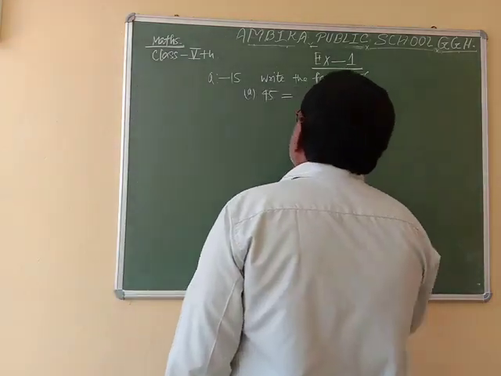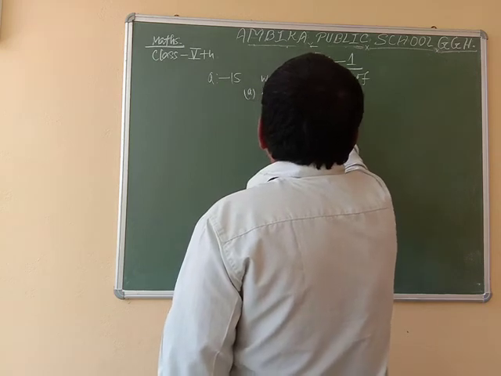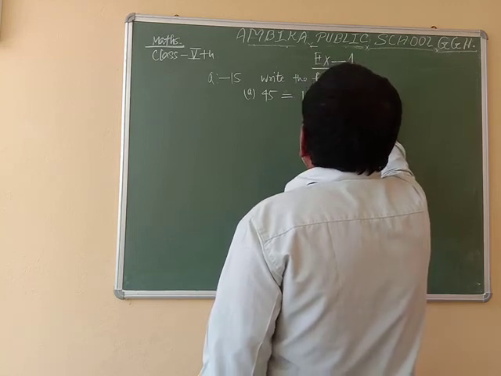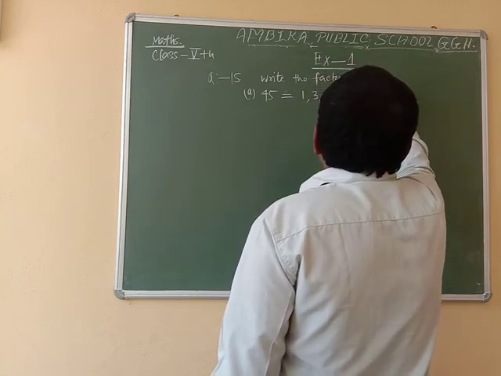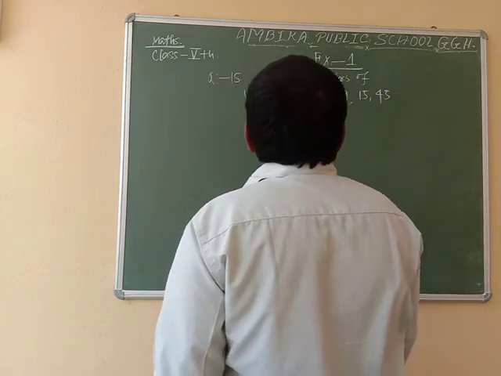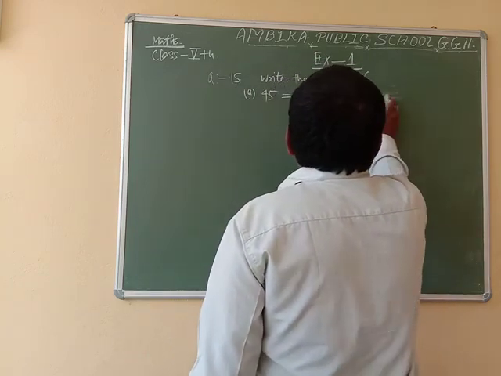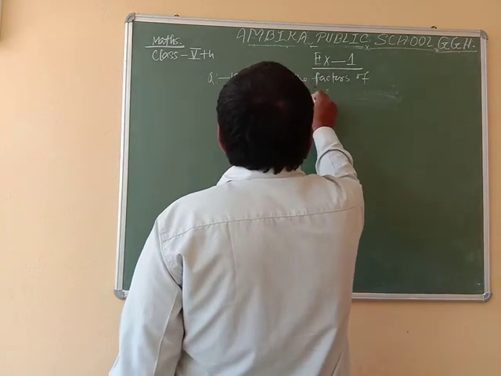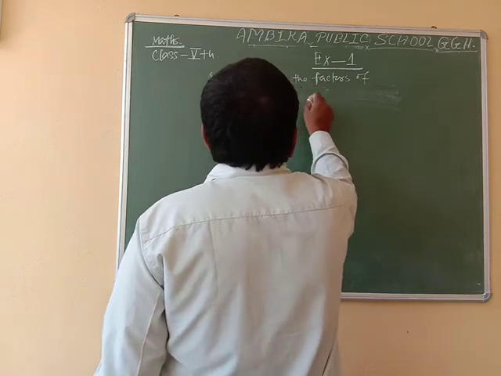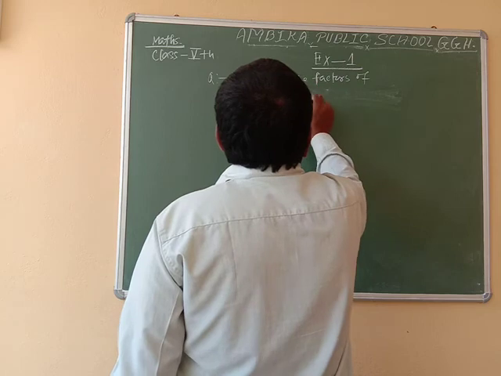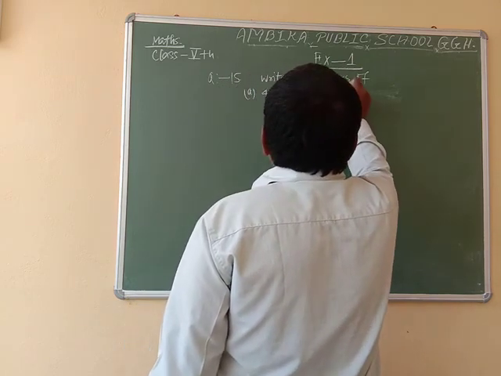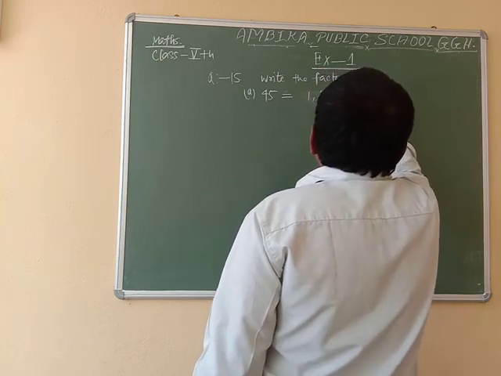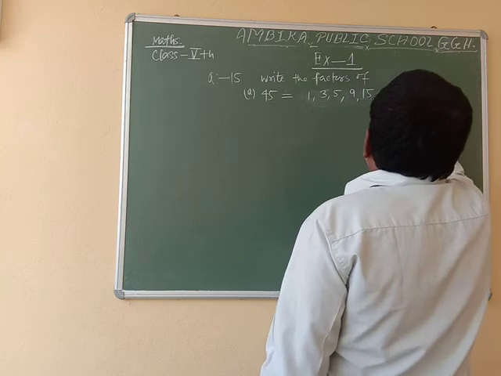45 is divisible by 1, 3, 5, 9, 15 and 45.